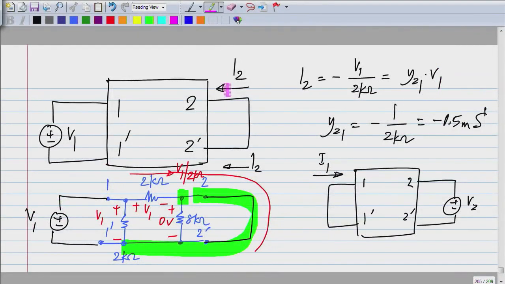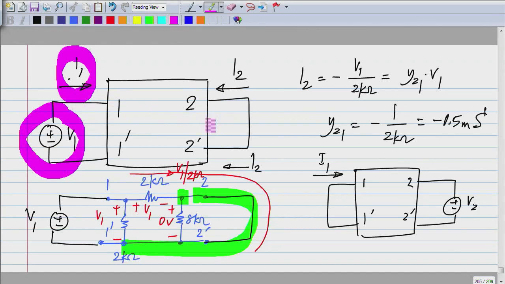Okay, to calculate y11, we take the ratio of this to that one. Now let's say inside you have only resistors, so that means that there will be a power loss. Okay, now if I1 by V1 happens to be negative, that means that looking into 1 1 prime, you have a negative resistance which generates power. That's not possible. Okay. So if you have only resistors in the circuit, it can only dissipate power.